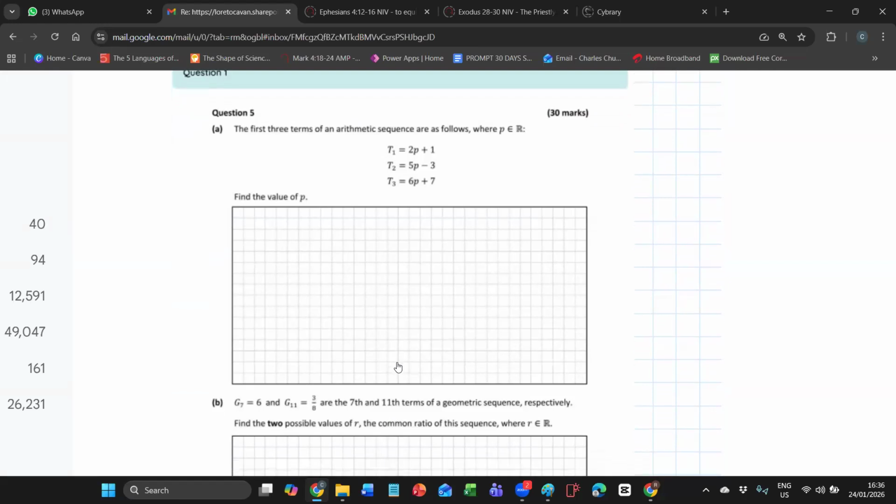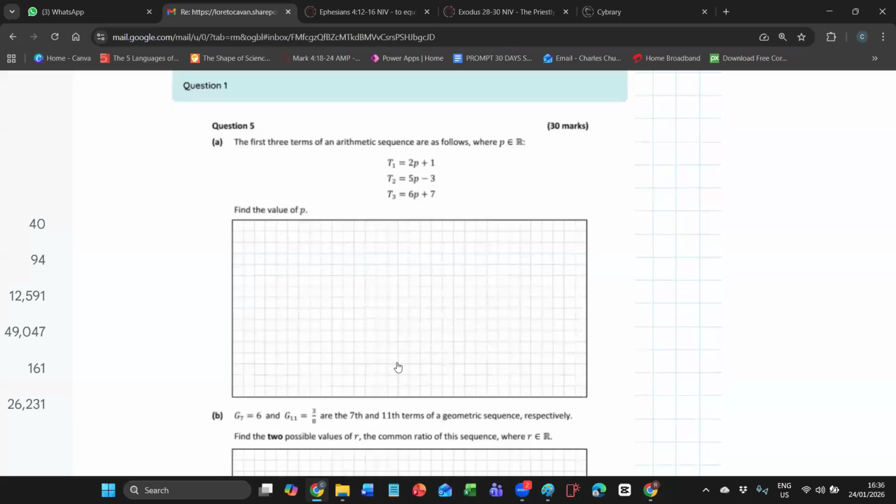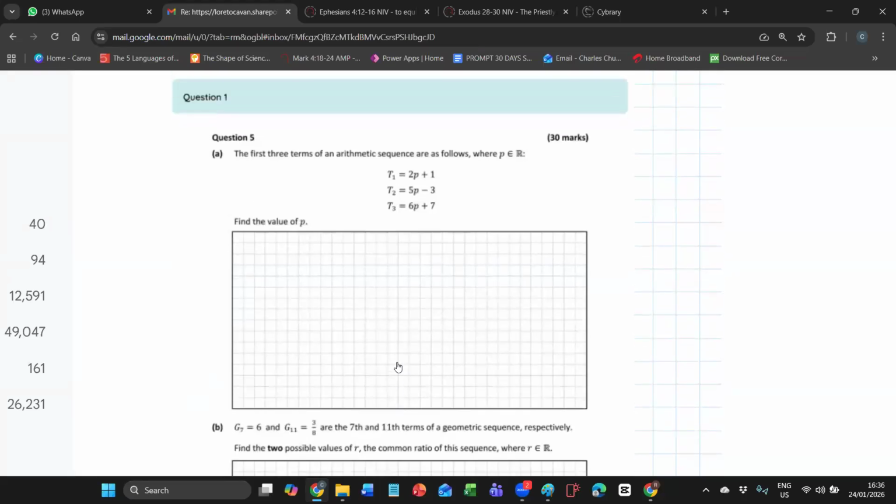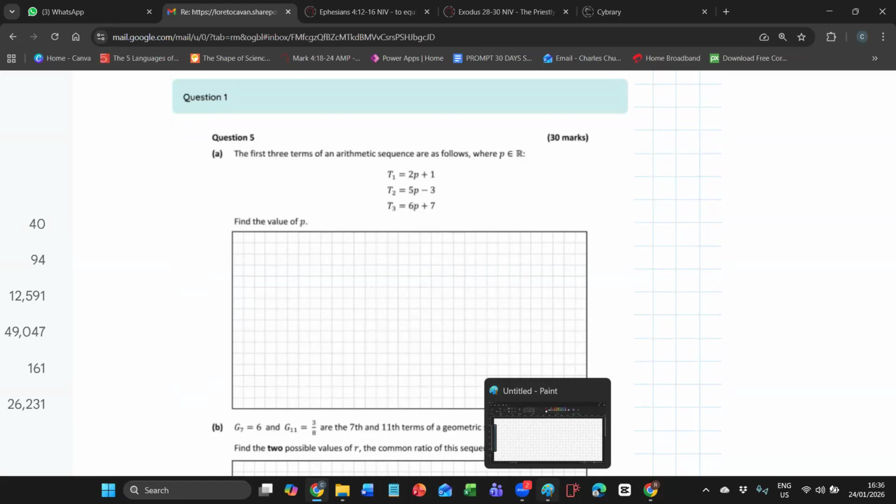This should lead to a simultaneous equation. Find the value of P. I think the secret to solving this particular question is to understand that if it's an arithmetic sequence, then it should follow the typical behavior of an arithmetic sequence.